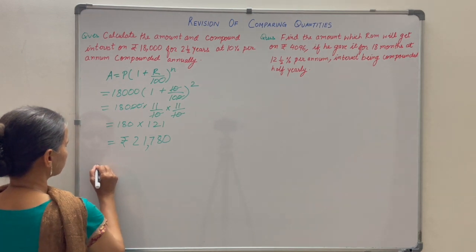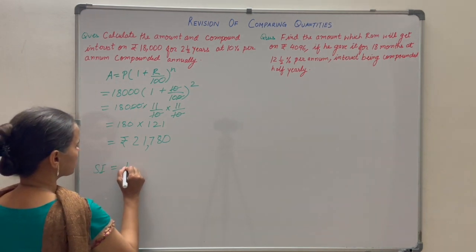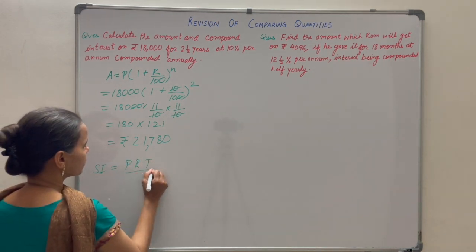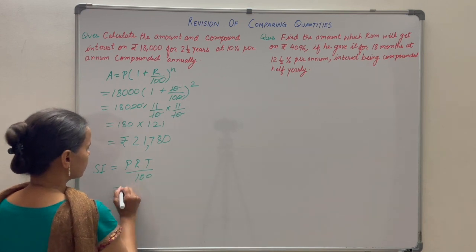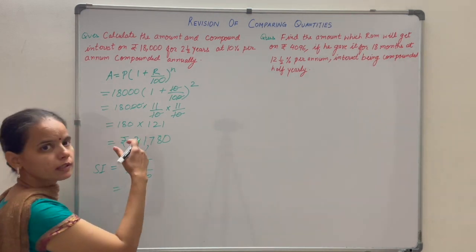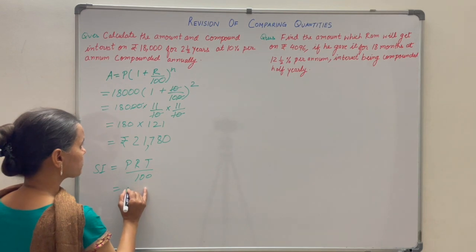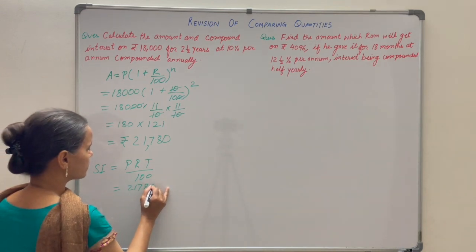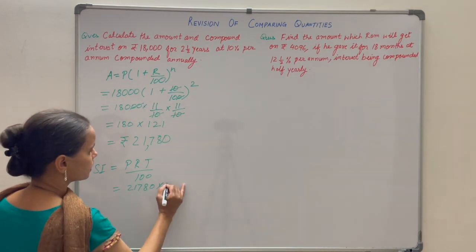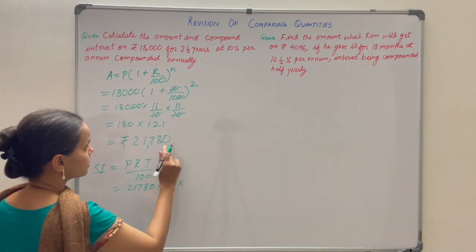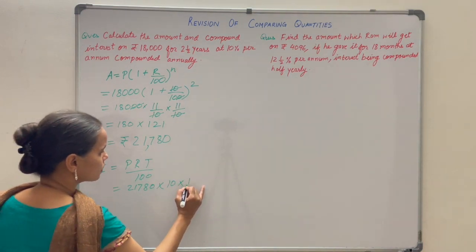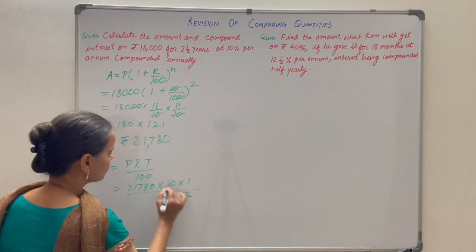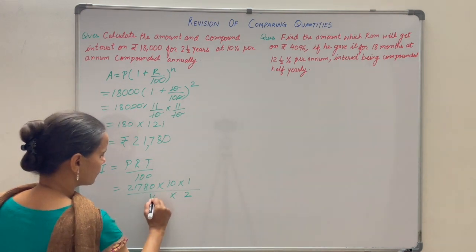So let us use the formula. Simple interest is equals to PRT over 100. So this will become the principal for the next half year. So principal is 21780. Rate is 10. Your time is half a year. This is 1 upon 2 into 100.